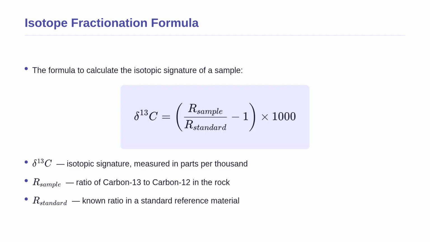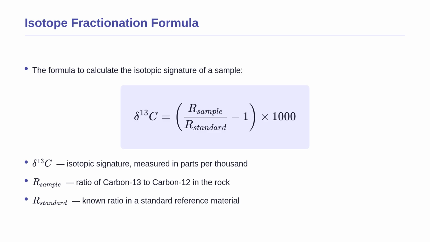To quantify this biological signature, we use a specific mathematical formula. This equation calculates the isotopic signature of a carbon sample, measured in parts per thousand. The variable R sample is the ratio of carbon-13 to carbon-12 found in our ancient rock.